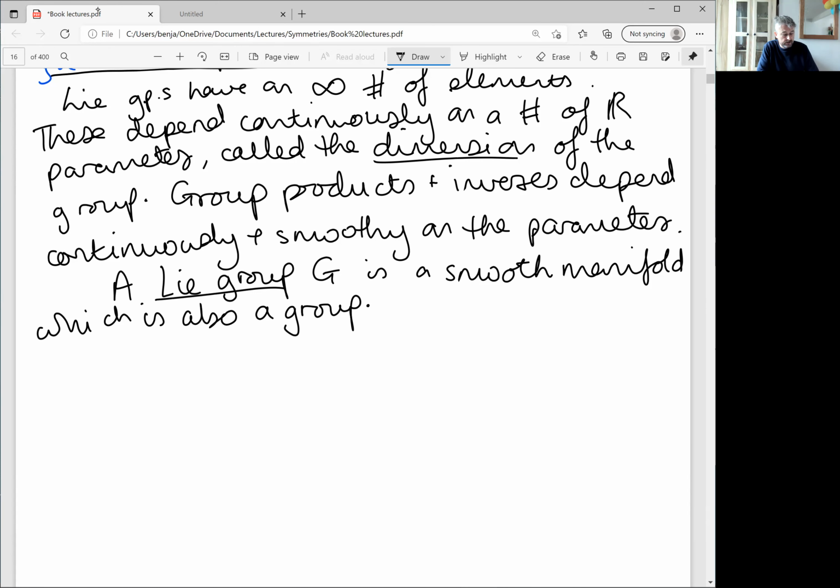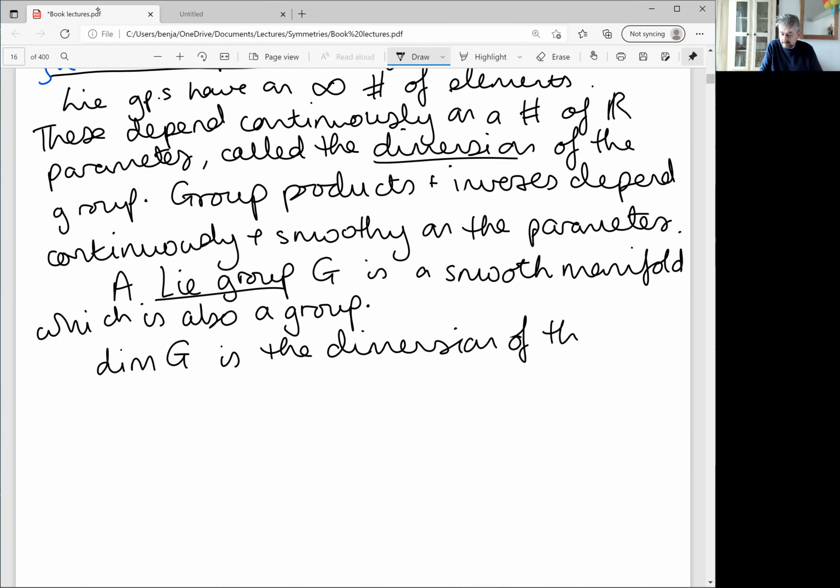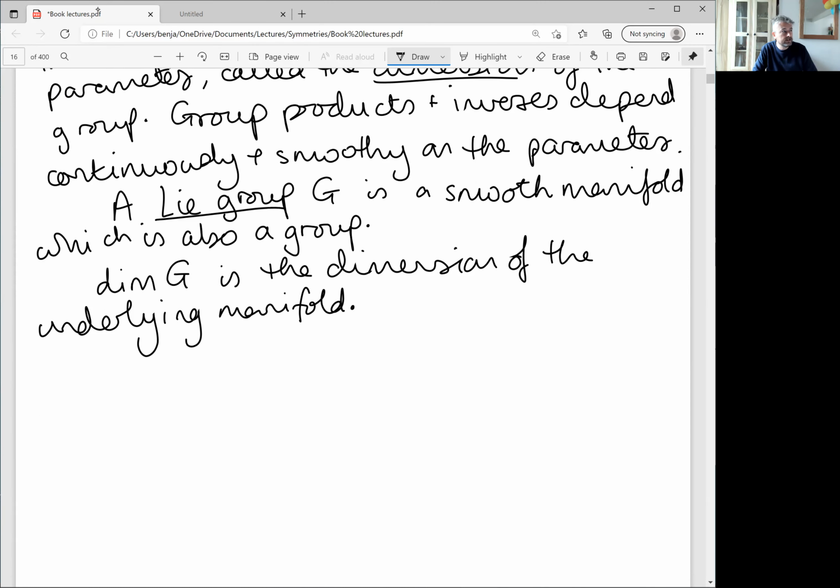And actually the dimension of this group is the dimension of the underlying manifold. So we write the dimension of G as dim G. And so this is the dimension of the underlying manifold. Now, we don't need to go into exact definitions of n-dimensional manifolds.